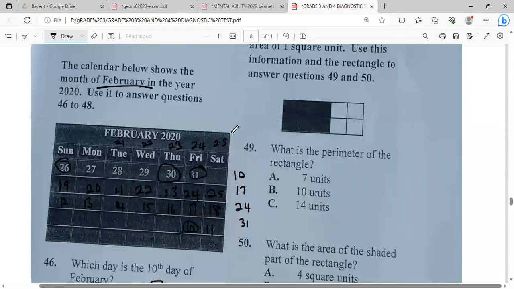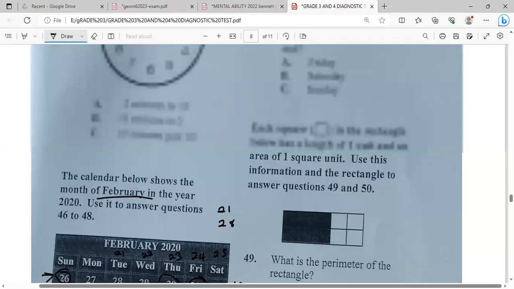Because if the 21st was a Friday, then Sunday wouldn't be the 26th, right? Because the next Friday would be the 28th. And see, they go all the way to 26. So it can only be C, but it's still not right.